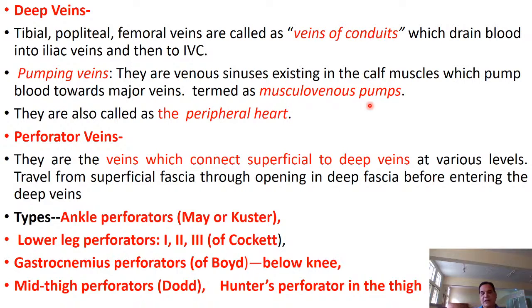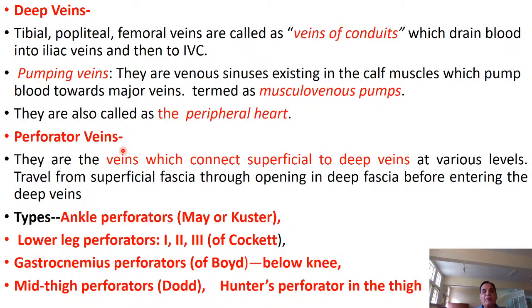musculovenous pumps. That means the calf acts as a peripheral heart. So there are venous sinuses which will be pumped by the pressure of calf muscle, that is during walking or the pumping action, and the blood goes ultimately to the IVC through this pumping action. If this action fails, again it is a cause of some problem causing varicosities.